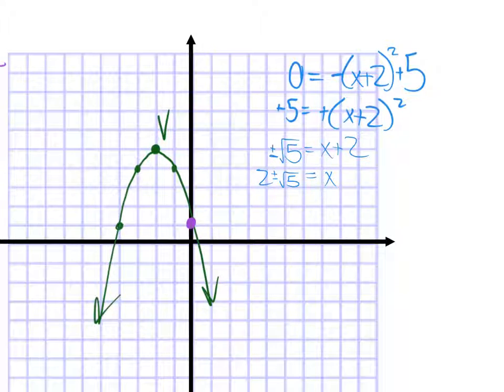And root 5 is approximately 2.2. When you're graphing, you could go to the tenths place. Alright, so if that's 2.2... Wait, why wouldn't it be minus 2? Yeah, it's minus 2. Okay. So negative 2 plus 2.2 is going to be 0.2. And negative 2 minus 2.2 is going to be negative 4.2. Okay?